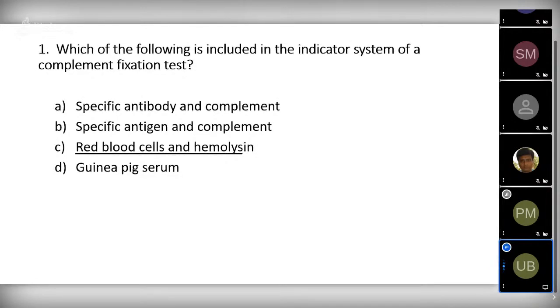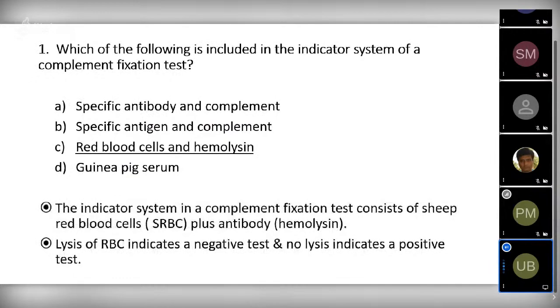It is C, red blood cells and hemolysin, which is the indicator system where the RBC, which is with the specific antibody, has been coated. So the complement will attach to this antigen antibody complex and cause lysis of the cell. So lysis indicates a negative test and no lysis or hemolysis indicates the positive test.